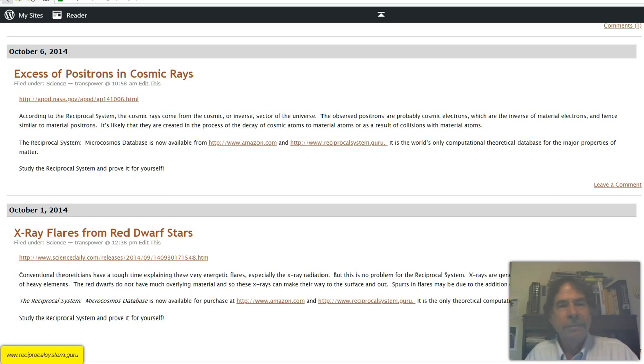I could not have written a quantum mechanics package for the microcosmos. It's just ridiculous. The theory is nonsense. The reciprocal system is infinitely more rational. And then, of course, I have the Macrocosmos database module, which covers all the astronomical properties: galaxy clusters, galaxies, star clusters, stars, planets, moons, minor bodies, nebulae, and voids.